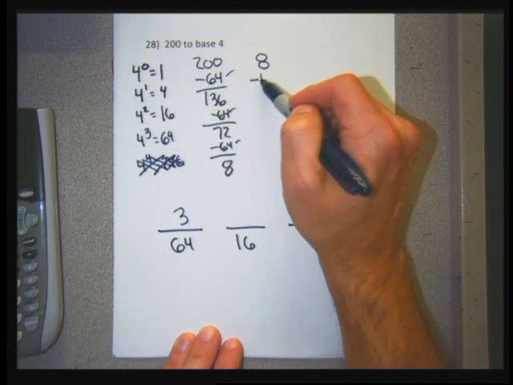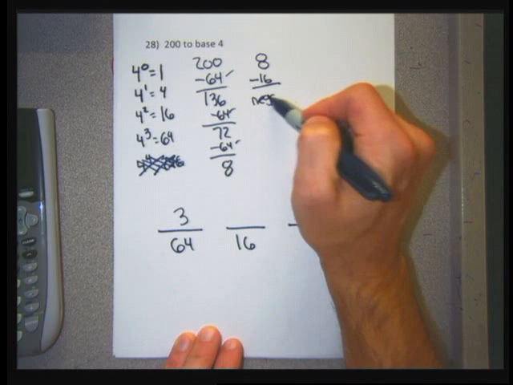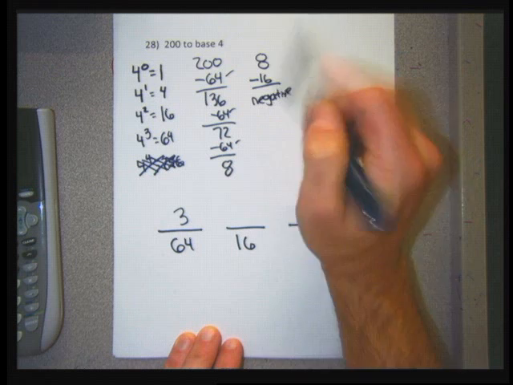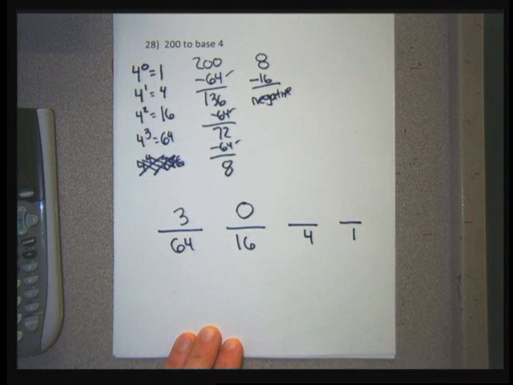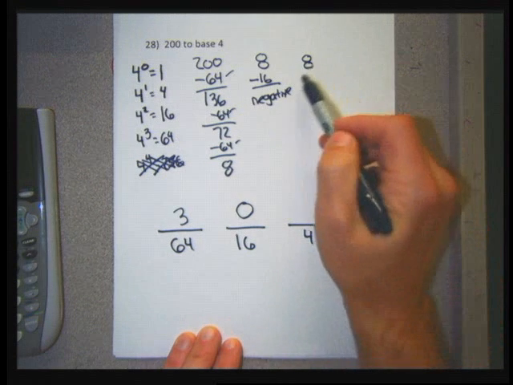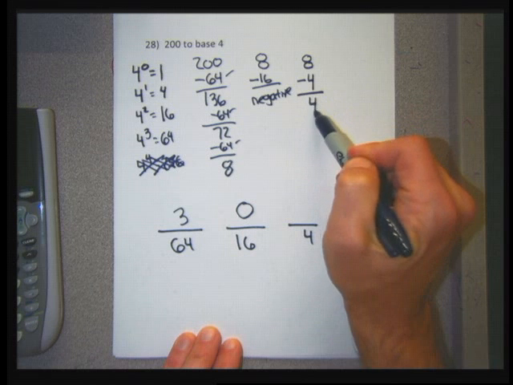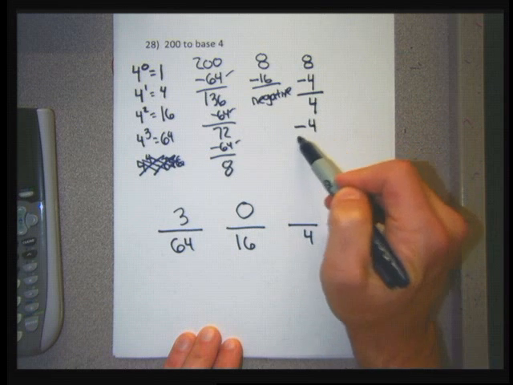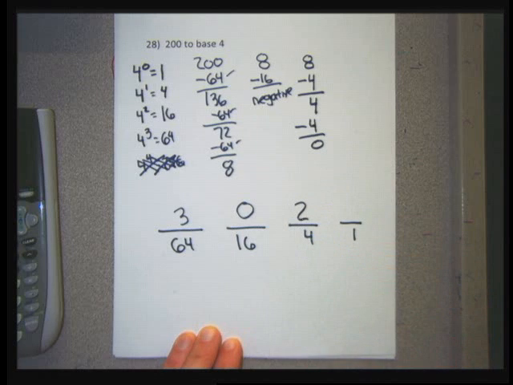If I tried to subtract 16, just like in the last problem, I'd get a negative. So I'm not allowed to subtract 16 any times, but I need a number above the 16. I'm going to put a 0 because I wasn't able to subtract it. I'm going to bring my 8 over and start subtracting the next number that I see, which is 4. I'm going to go 8 minus 4 is 4. 4 minus 4 is 0, which isn't negative, so I was able to subtract 4 2 times.